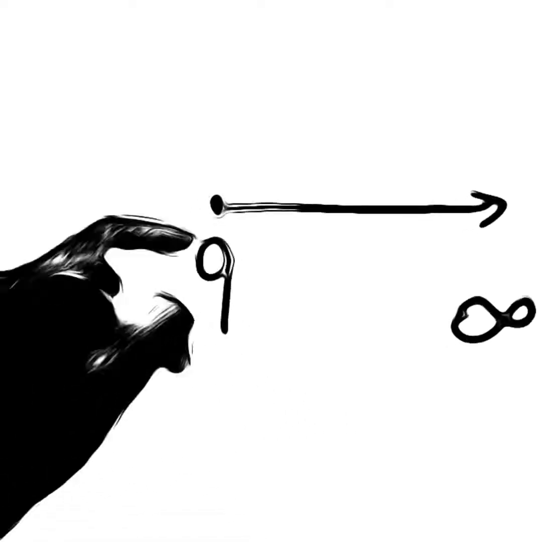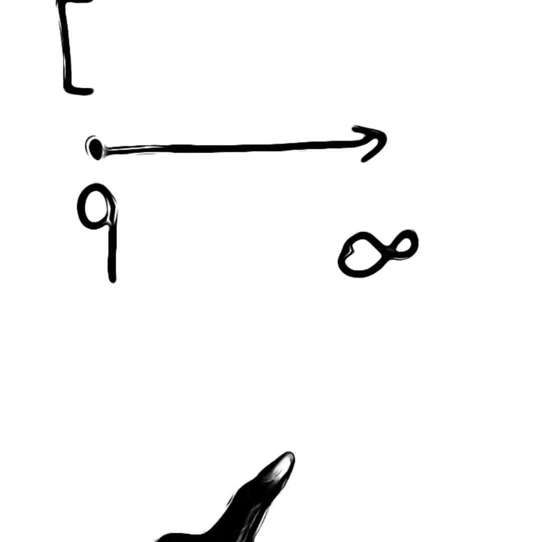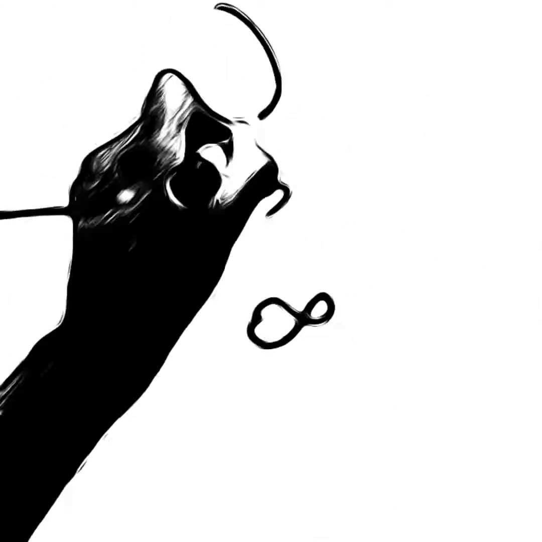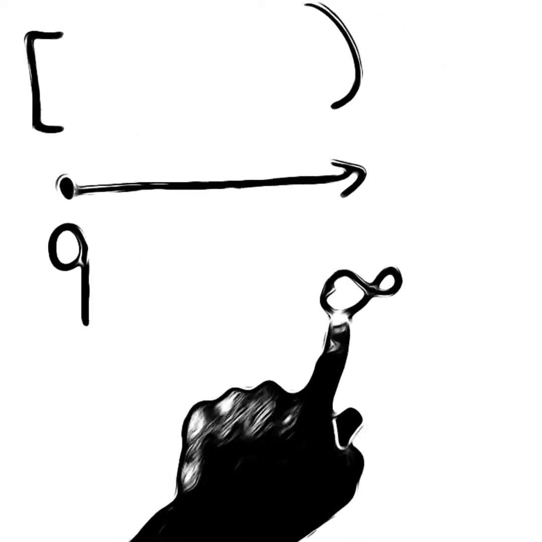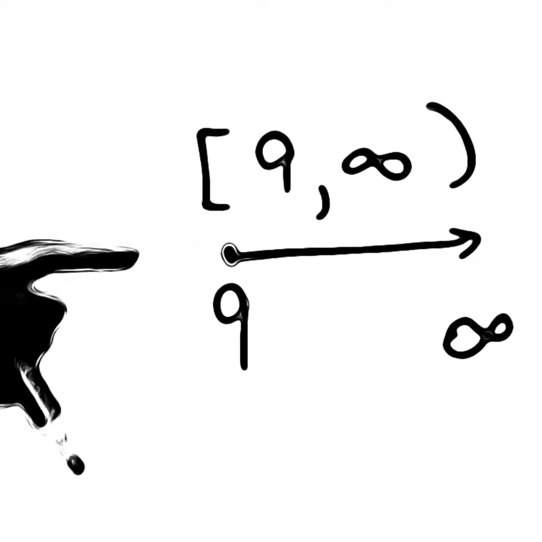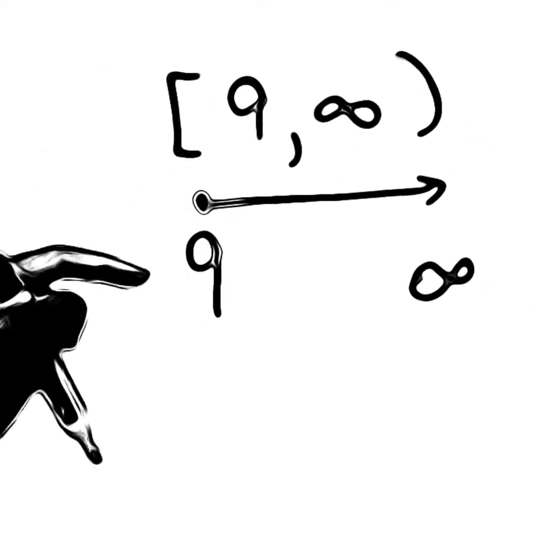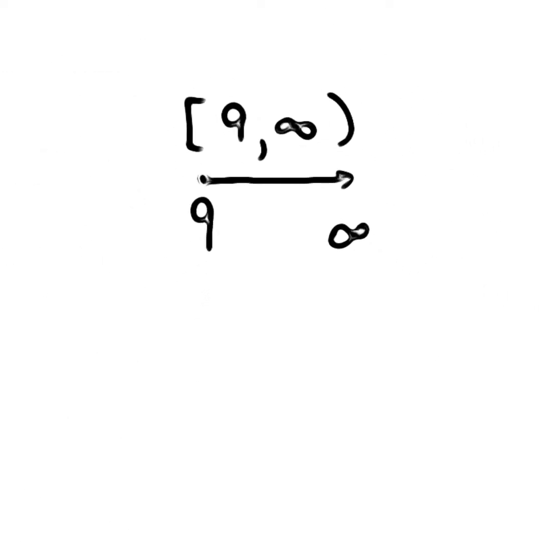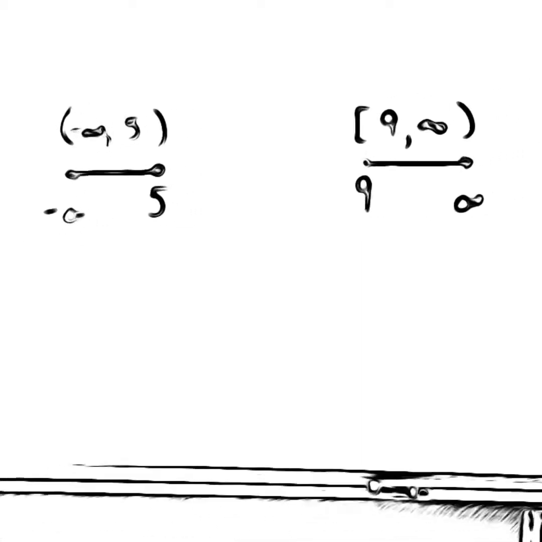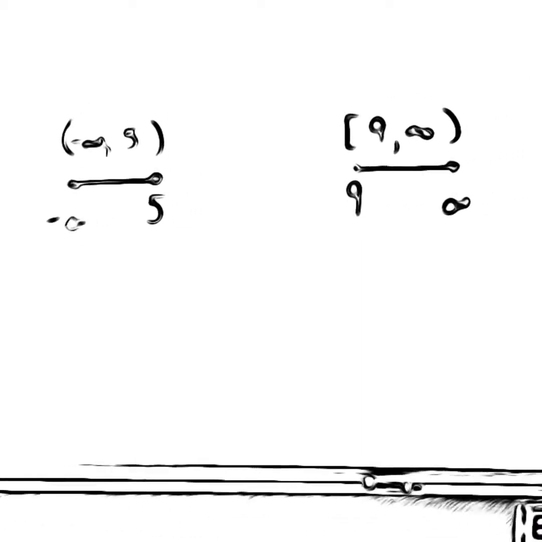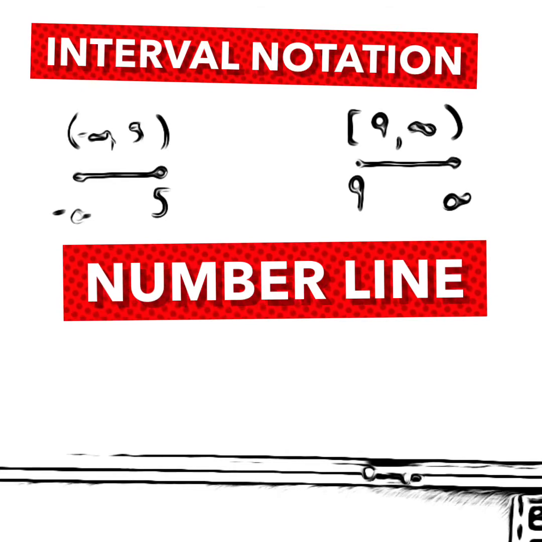This one is a closed one, so that uses a bracket. Infinity uses a parenthesis: 9 to infinity. Interval notation, number line. Interval notation is at the top, the number line is at the bottom.